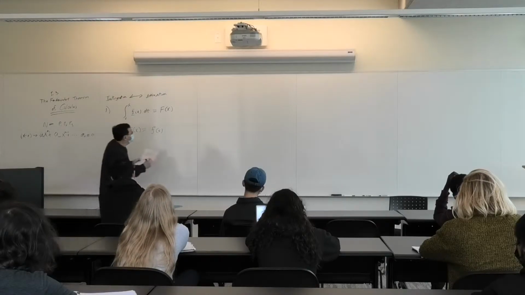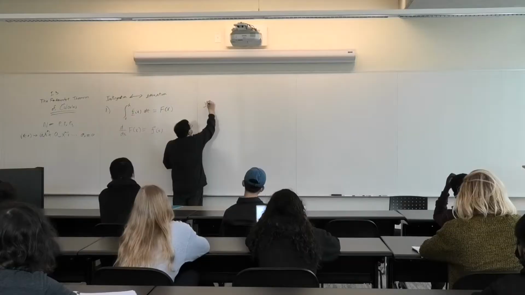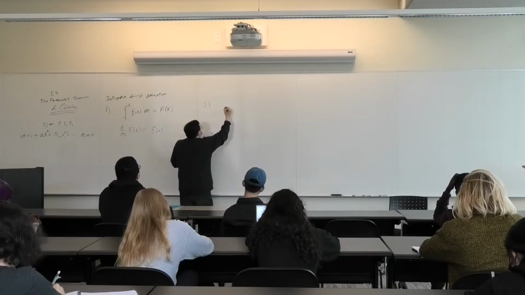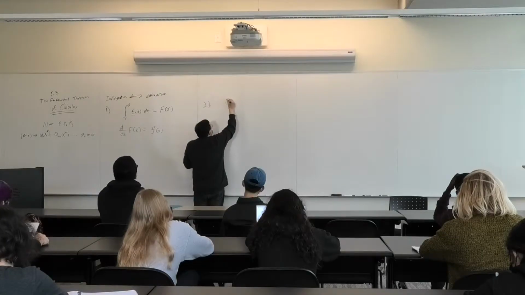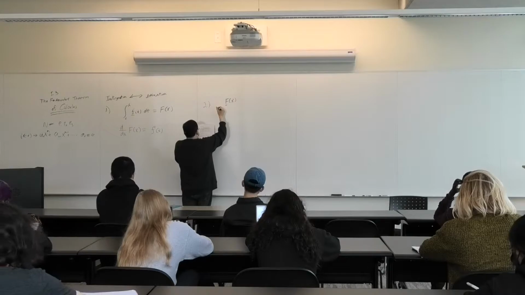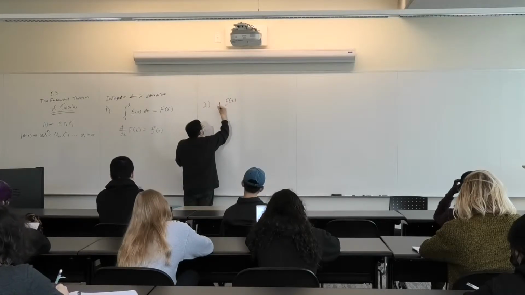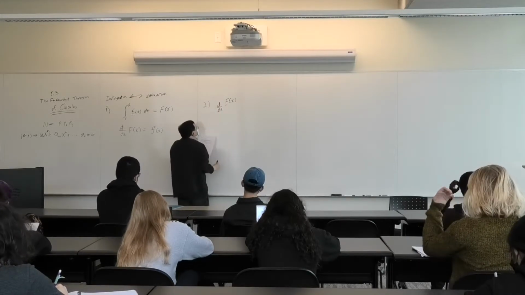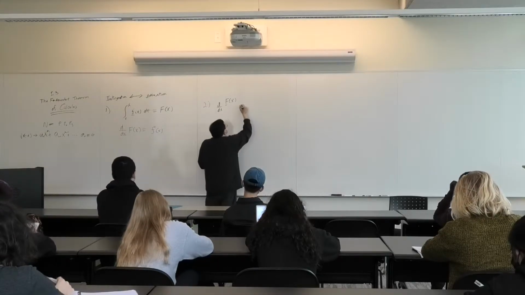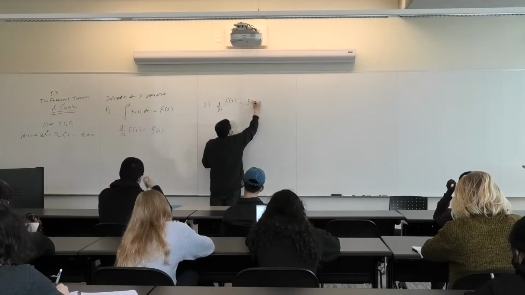Part 2 says that if you have some function, we'll call it the antiderivative function, and we find the derivative of it, we get some function f of x.